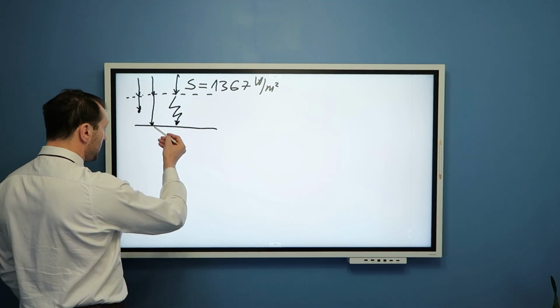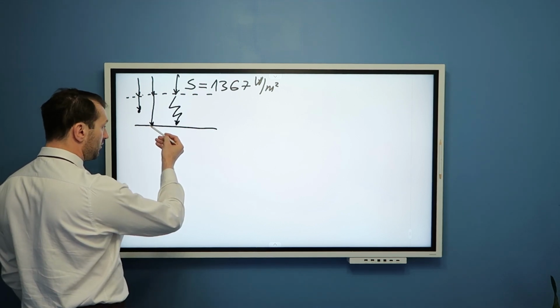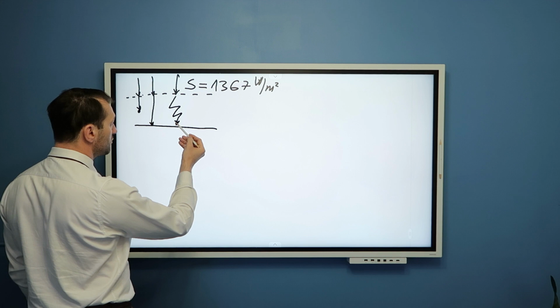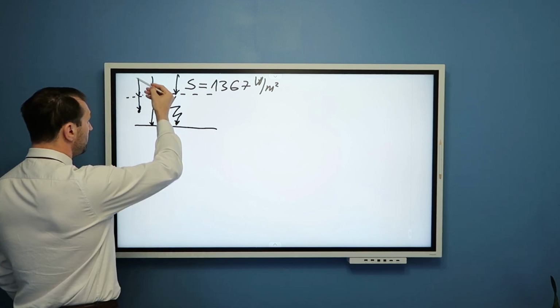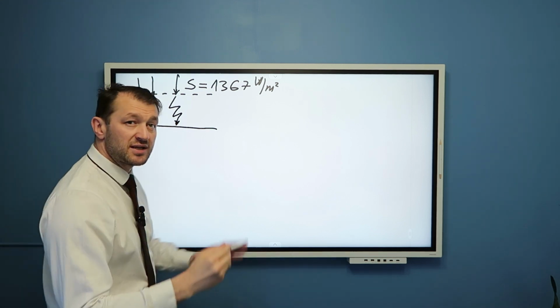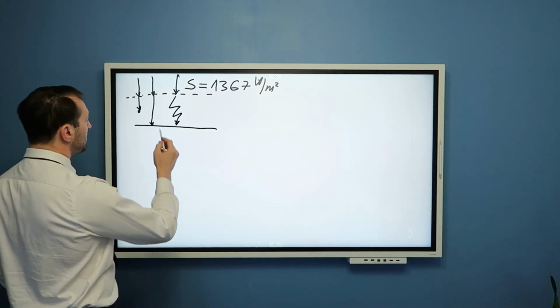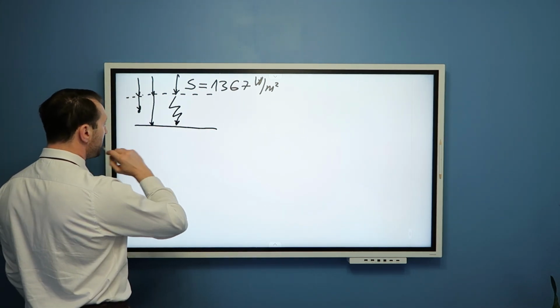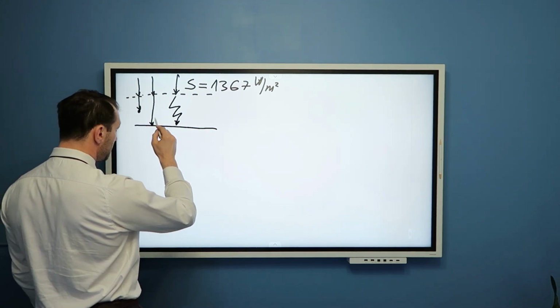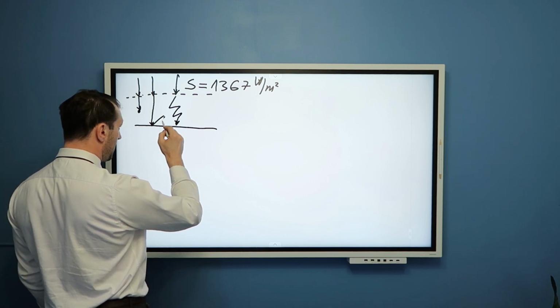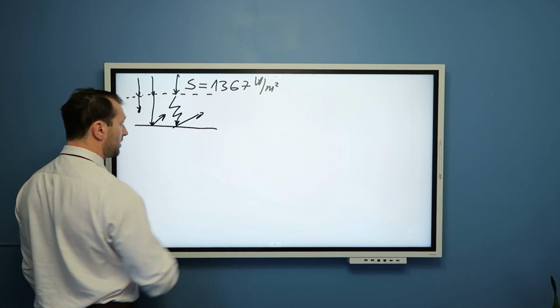We examined this normal light in one of the previous videos. We examined diffuse light in another video. We will examine absorption in a separate video, but today we will examine the concept of this light being reflected now off the surface of the Earth.